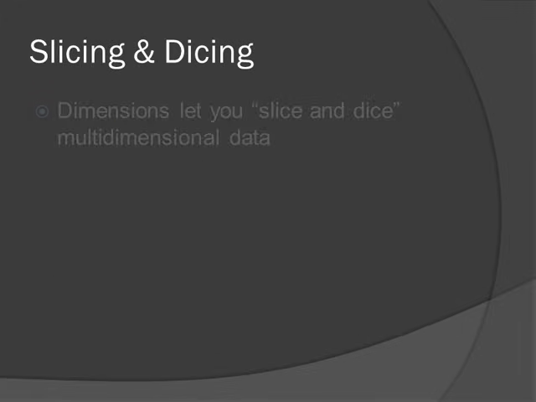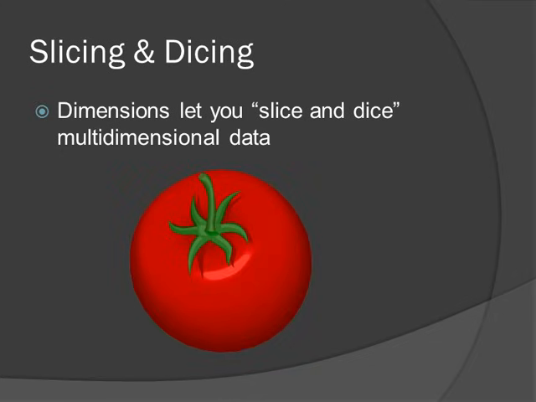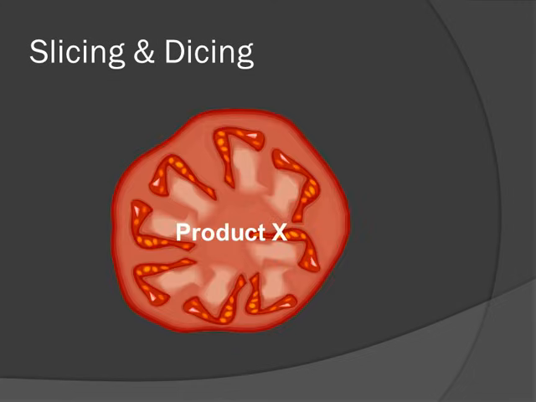For example, the members January, February, and March of a time dimension can be aggregated together to a value for Q1. One of the interesting things about dimensions is the ability to slice and dice multidimensional data, just like you might slice and then dice a tomato. Think of the slice as being a specific member of a dimension, for example, product X in the product dimension. When we dice with OLAP, we're creating a series of intersections for that product X slice with data from other dimensions.